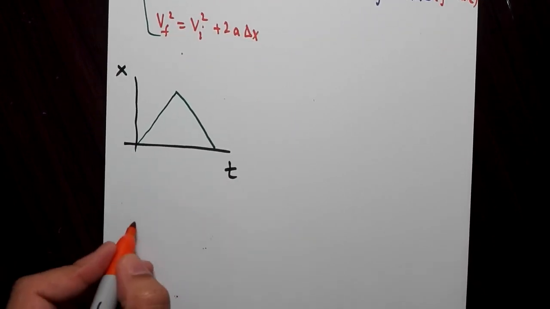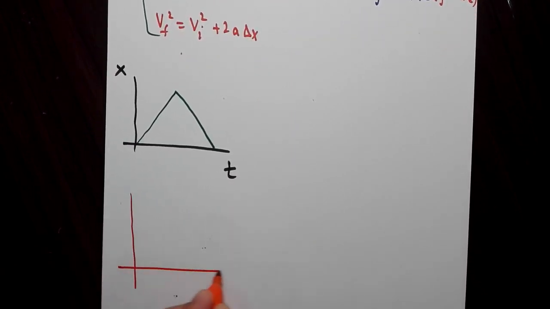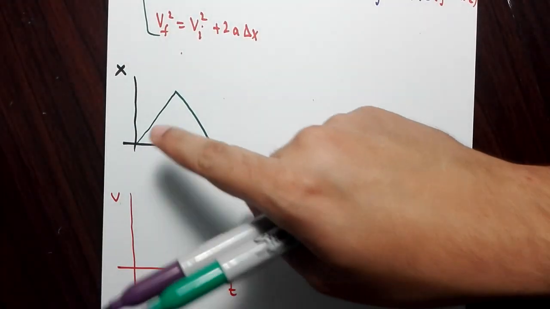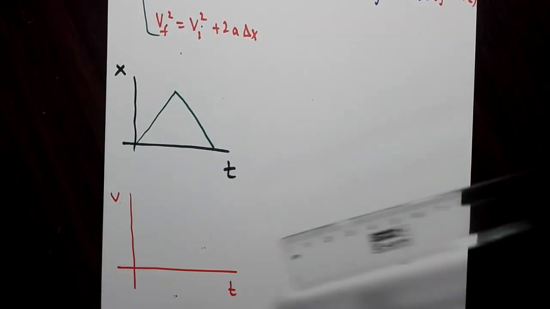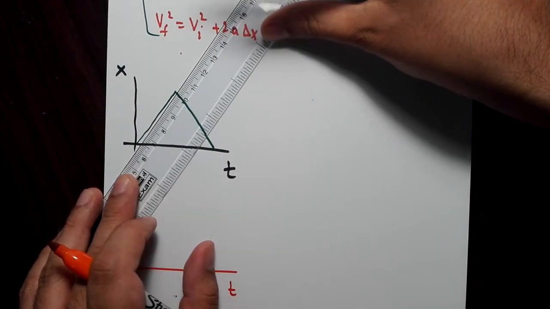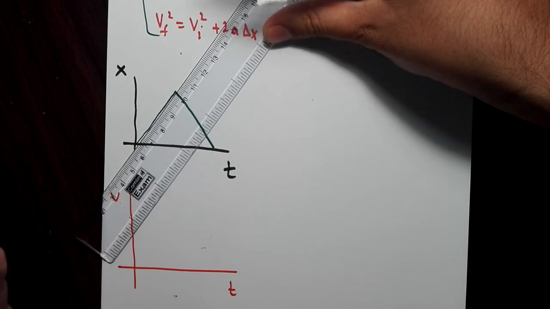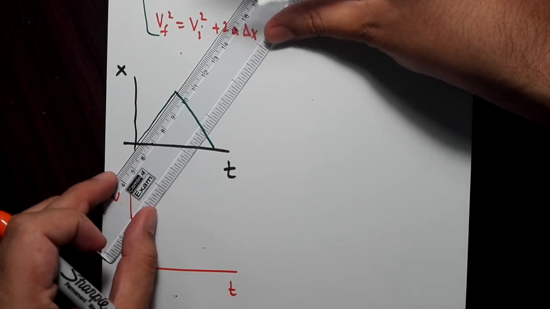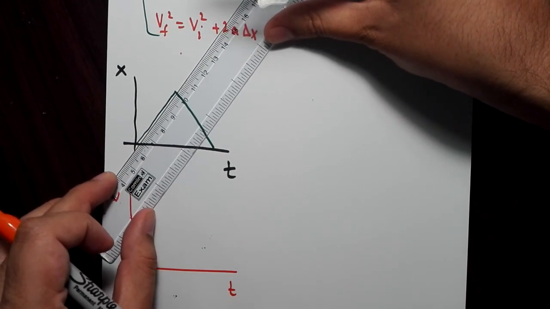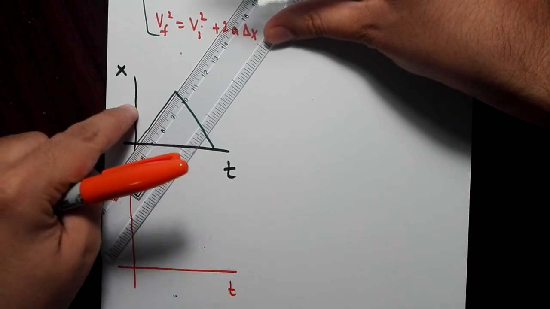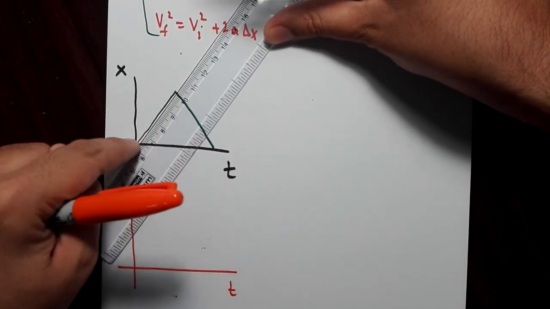So if you draw the velocity versus time graph, remember these two are straight lines, right? And if you draw a straight line and it has a fixed slope, then it means that it has a constant velocity. The slope of this graph is the velocity. If the slope is fixed, the velocity is fixed.